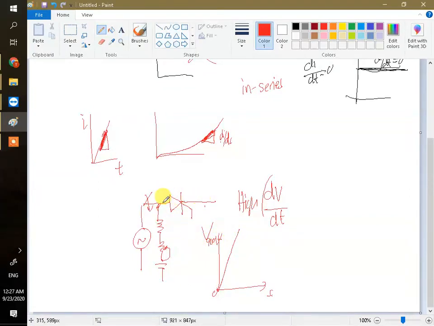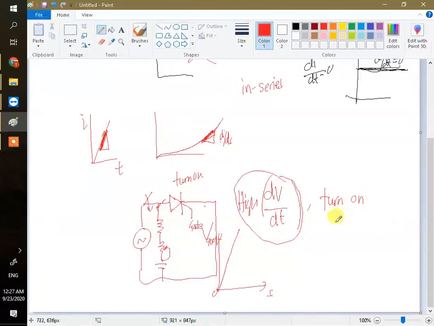If you apply this to the transistor, what happens is the transistor will turn on without the gate current. One more time: if you suddenly apply a high voltage, high DV/DT, to a transistor, the transistor will turn on by itself, without the gate current.